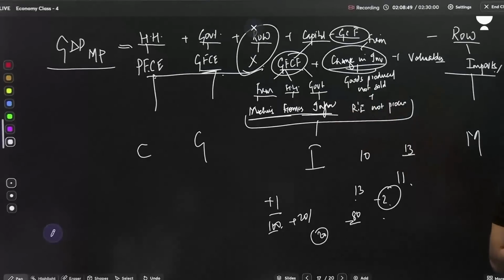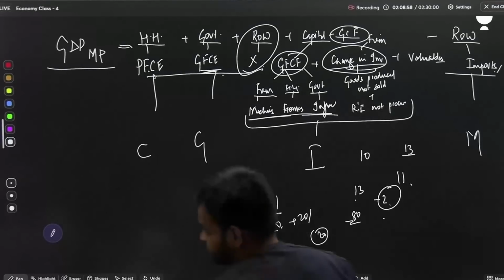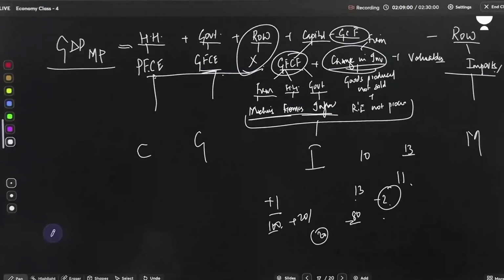Write down the heading. Methods of GDP estimation, expenditure method.